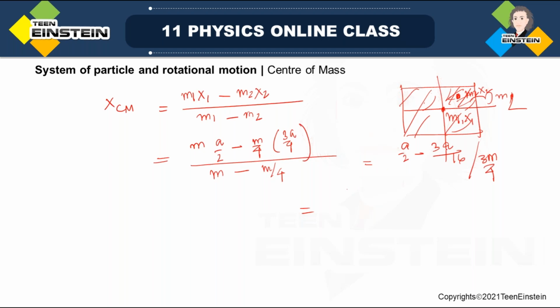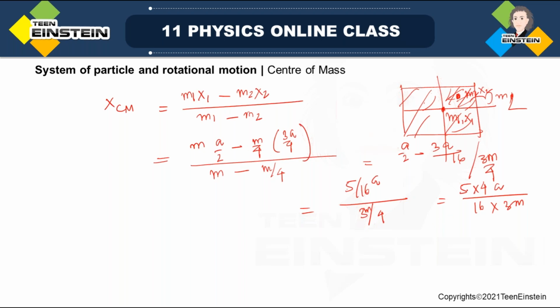So this will be 8 minus 3, so 5 by 16 a, and here it will be 3m by 4. 5 goes here, 4 goes here, this is a divided by 16 into 3m.